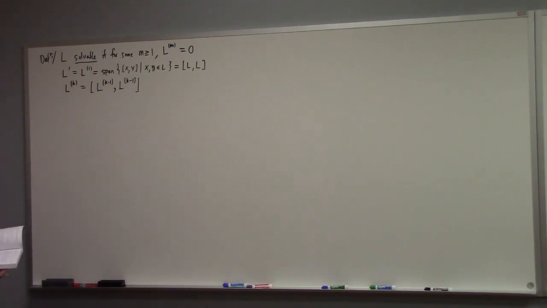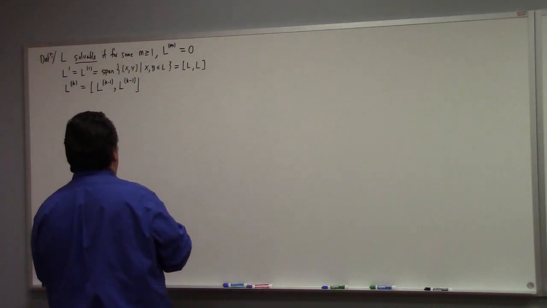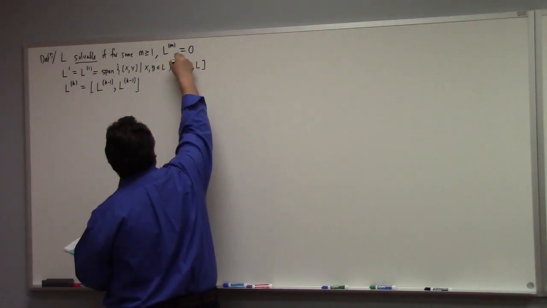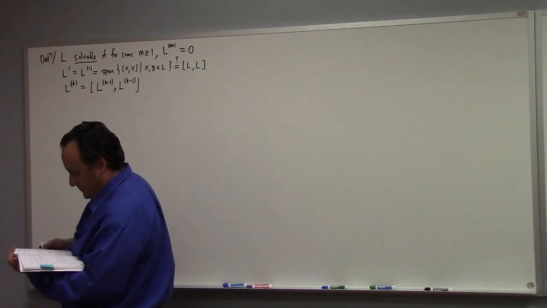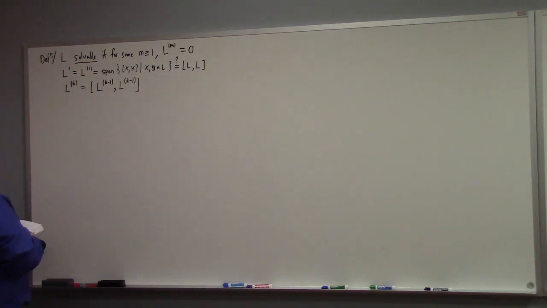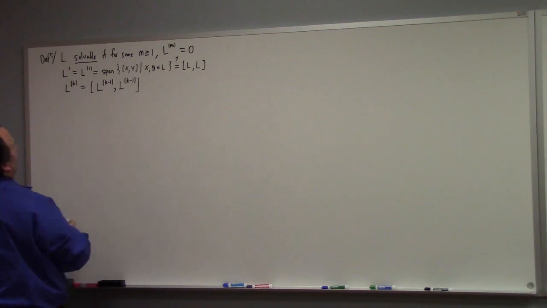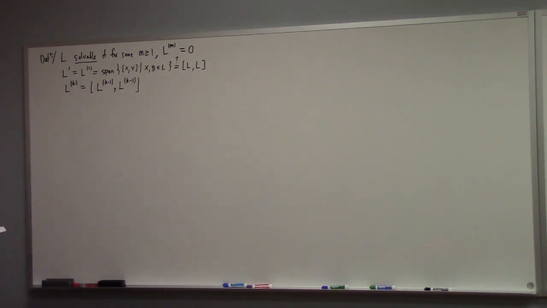Well, anyway, I'm not going to fuss over it. I'm a little bit uncertain there, but what does this mean? Pretty sure it's supposed to mean the span of commutators from L^(k-1). All right, let me move on.